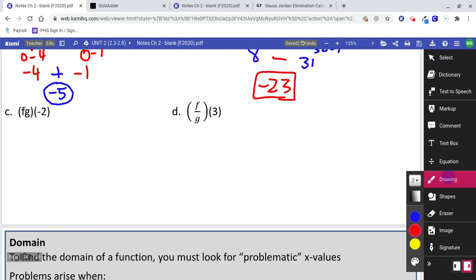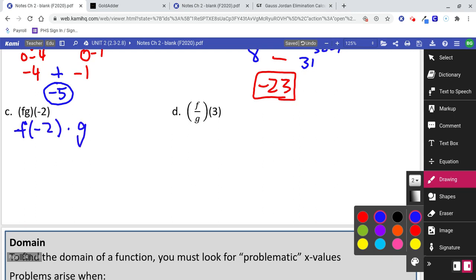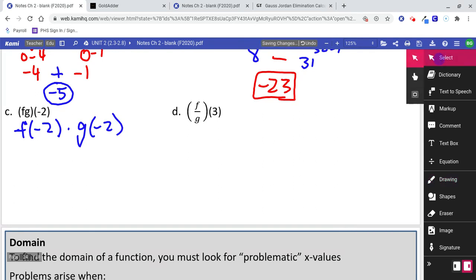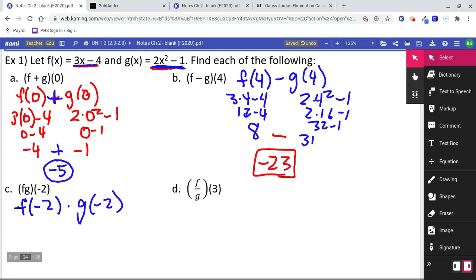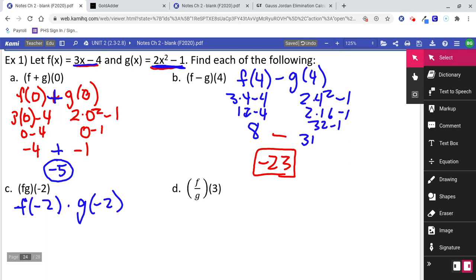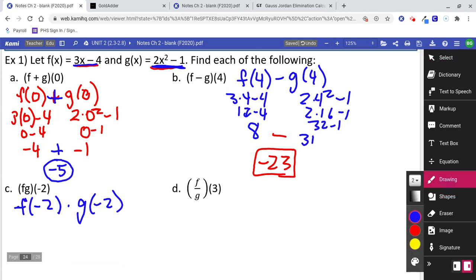Next thing, guess what? We're going to multiply. And they want me to do f of negative 2 times g of negative 2. So I might need to see the function. F of negative 2, so plug in negative 2. Three times negative 2 minus 4.